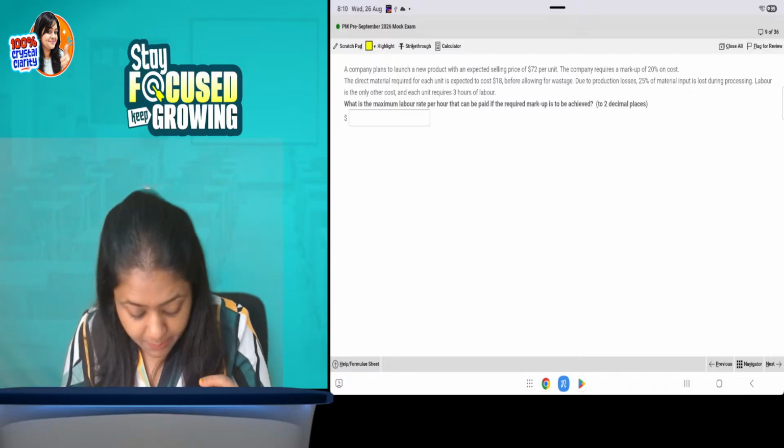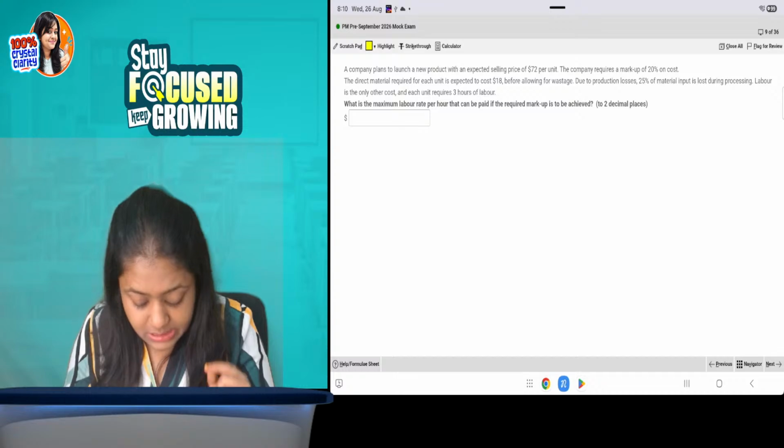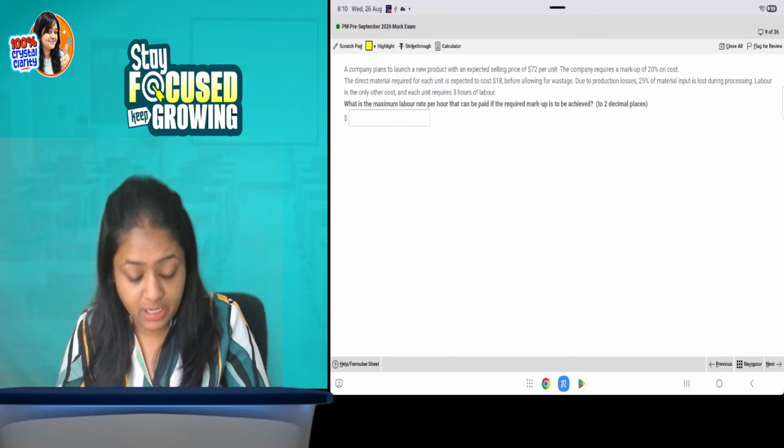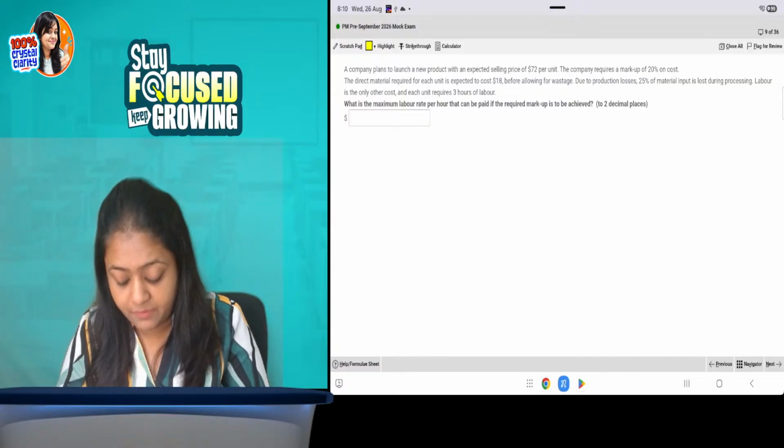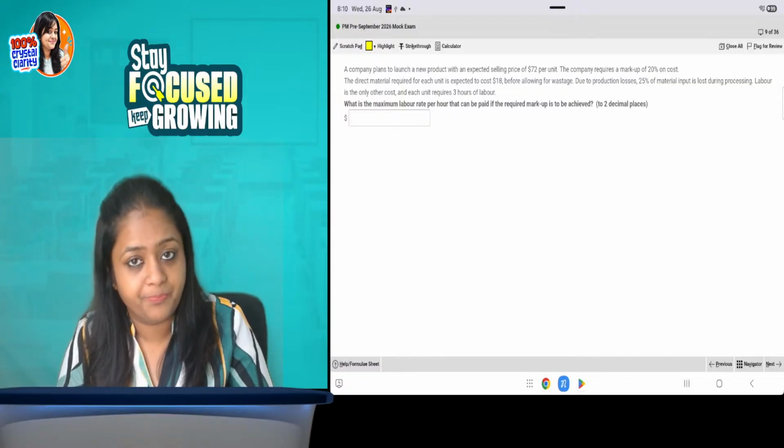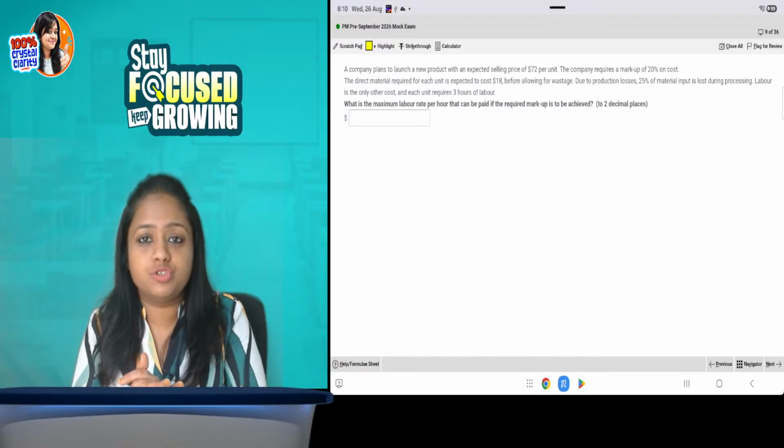Now, labor is the only other cost and each unit requires 3 hours of labor. What is the maximum labor rate per hour that can be paid if the required markup is to be achieved? That is like a backward approach you now have to solve.